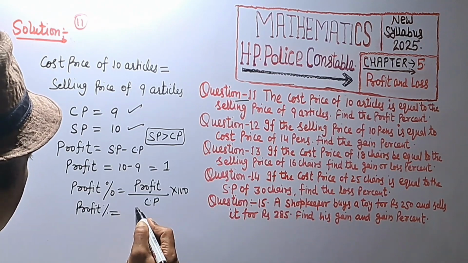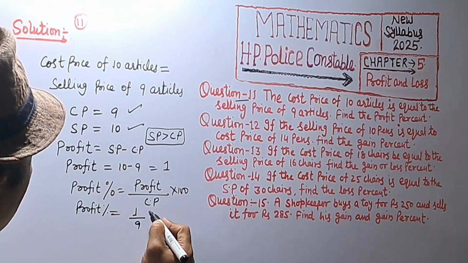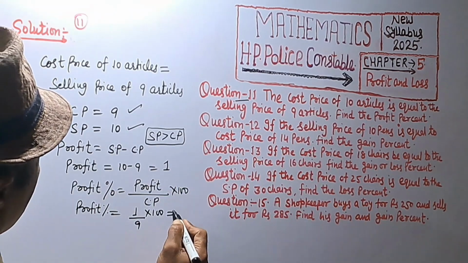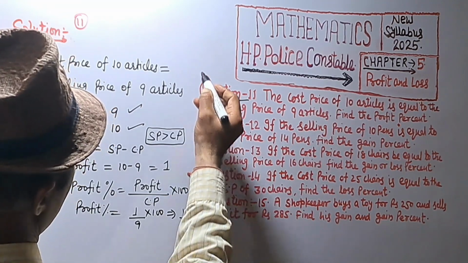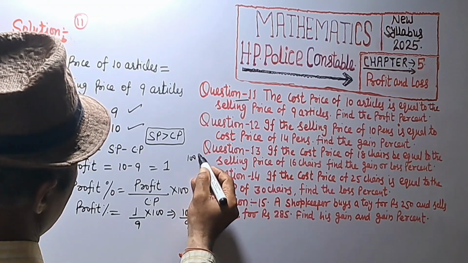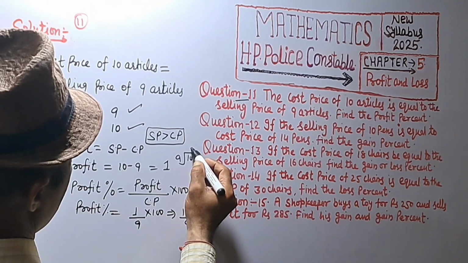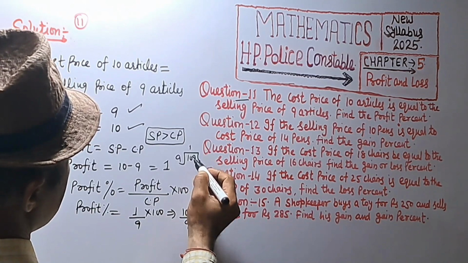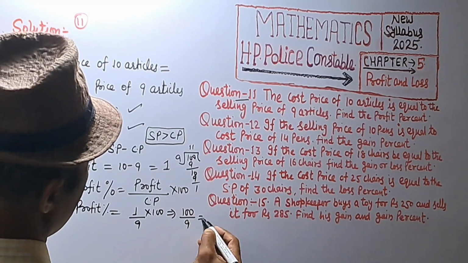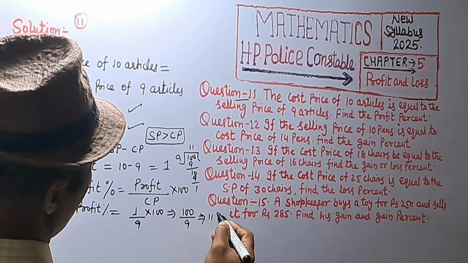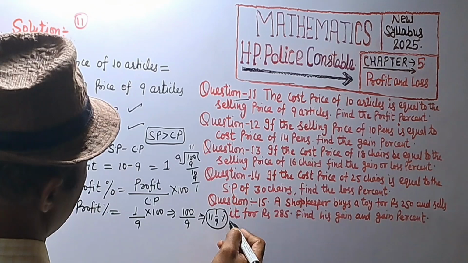Profit percent equal to profit is 1 upon cost price is 9 into 100, which implies 100 upon 9. 100 divided by 9, 9 ones are 9, 9 ones are 9 and 1, which implies 11 whole 1 upon 9% profit.